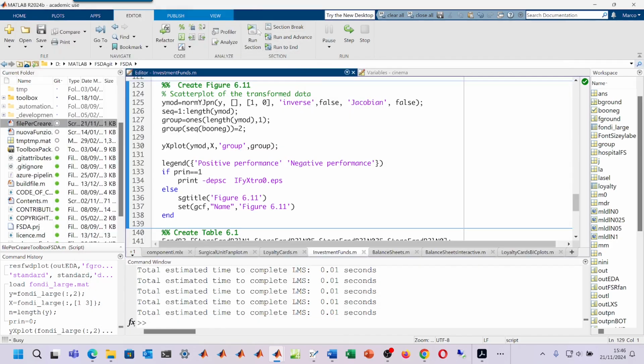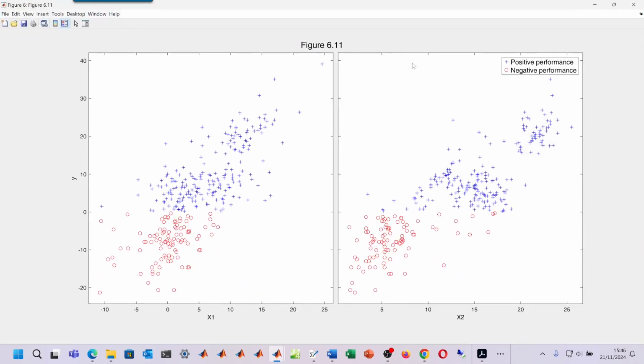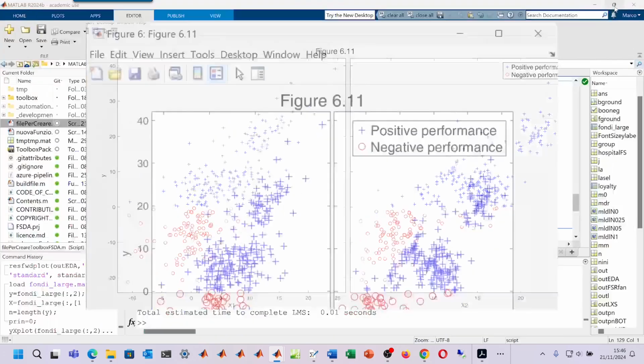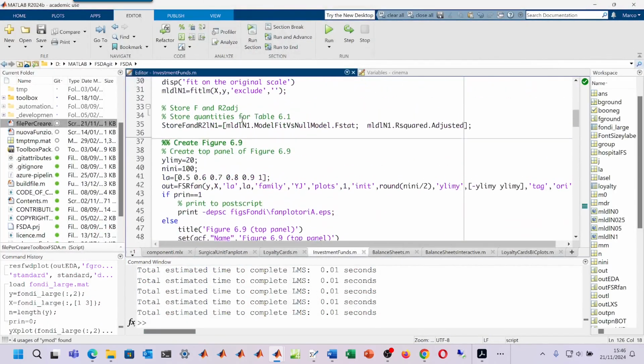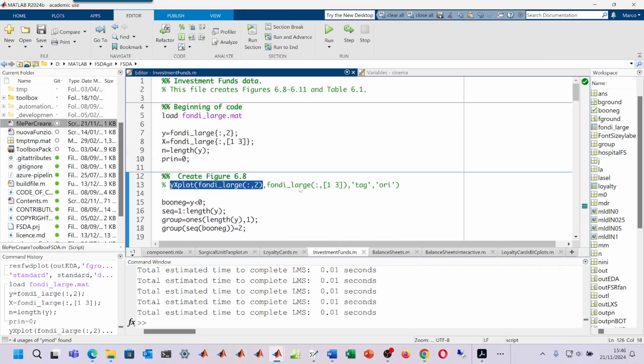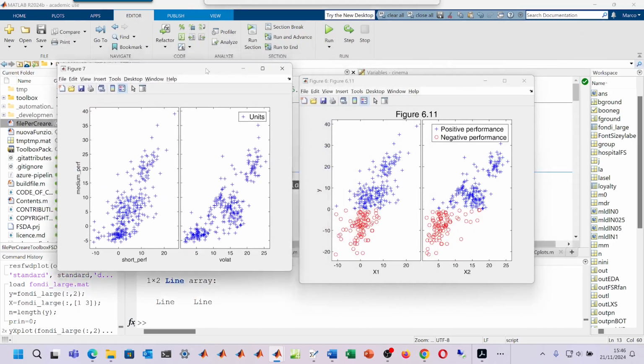Now we see a scatter plot of the transformed data using these two values of lambda. Maybe we want to compare the scatter plot of the transformed observations with that based on the original observations.